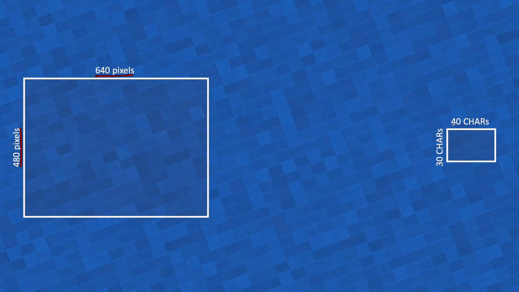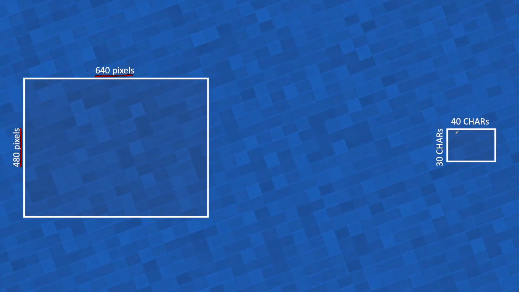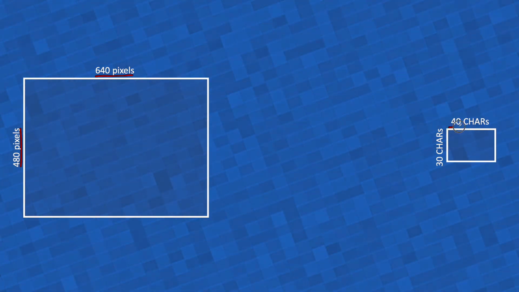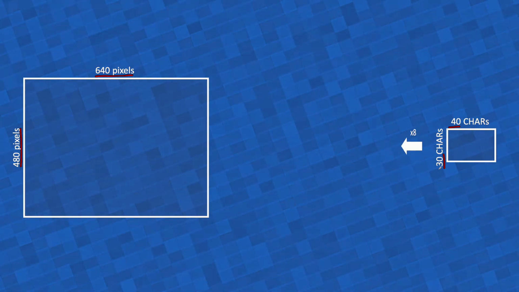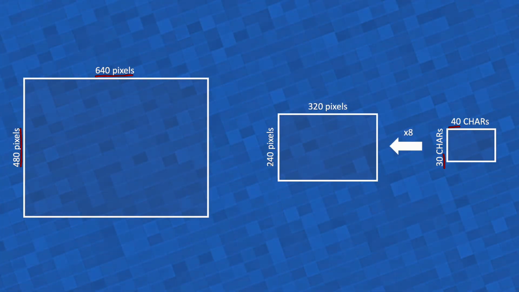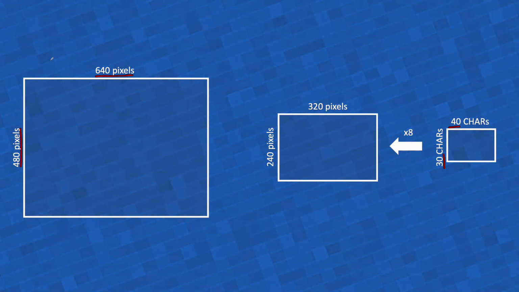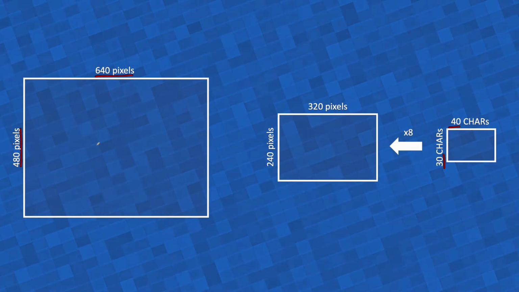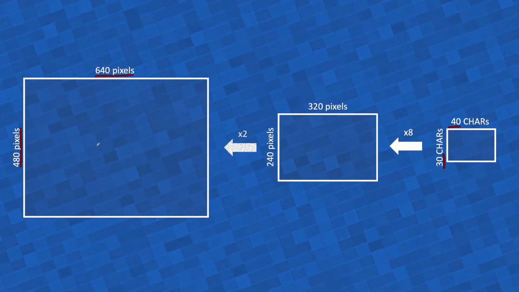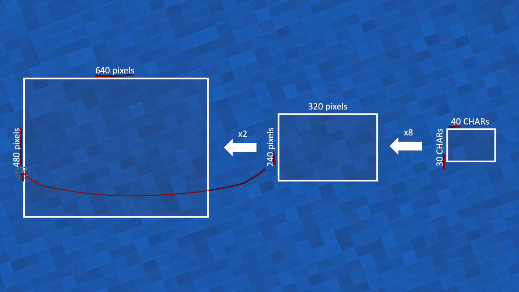Now, if you consider that each character is a little matrix of 8 by 8 bits, then if you multiply both dimensions here by 8, what you get is 320 pixels times 240 pixels. Well, that's a lot smaller. That's 1/4 of the area of what the VGA mode is expecting. So we actually have to double both these numbers here. 240 has to become 480.